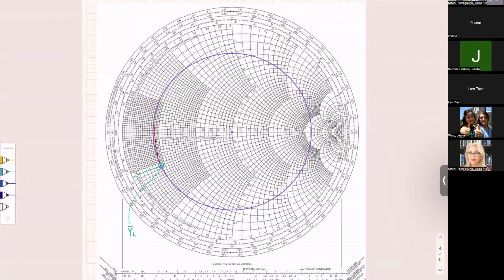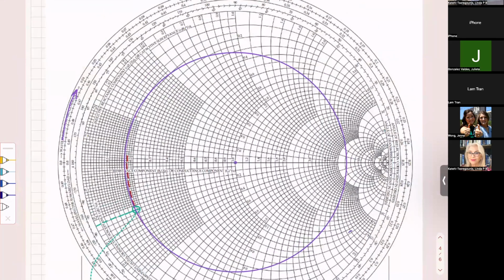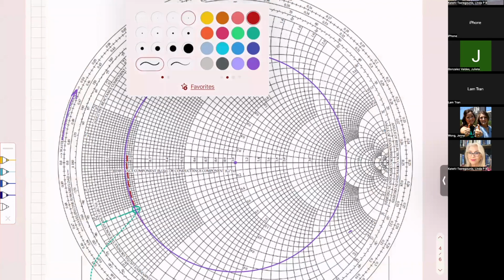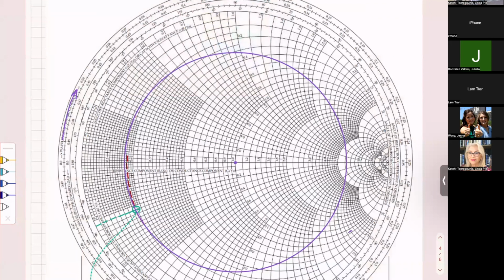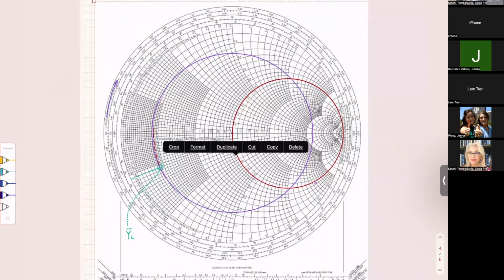So I have to move along this direction from the point where I am, and I have to move until I find the circle whose real part is 1, which is this one. Okay. So I'm going to move from there.